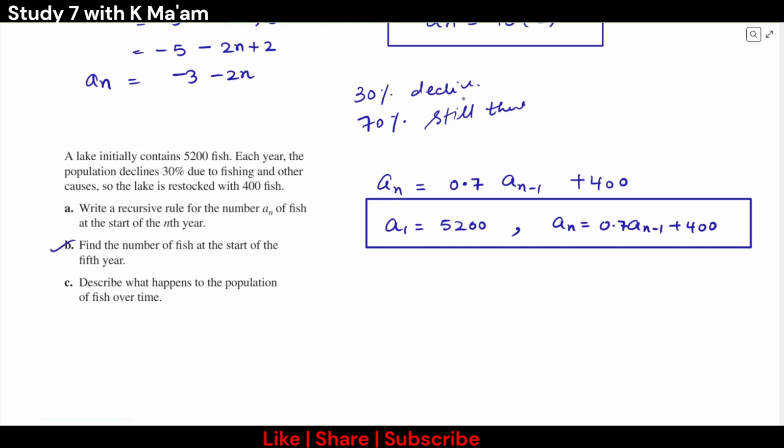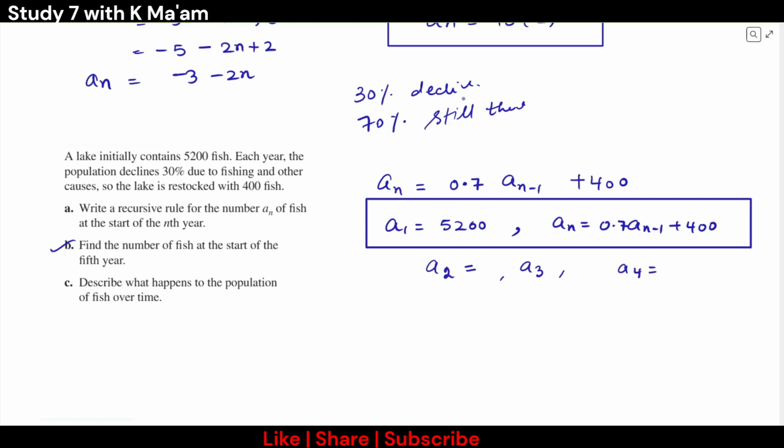B part. Find the number of fish at the start of the 5th year. So we have to find how many fish are there in the 5th year. So let's find out. We want n to be 5. A1 is given, calculate A2, calculate A3, and then calculate A4.